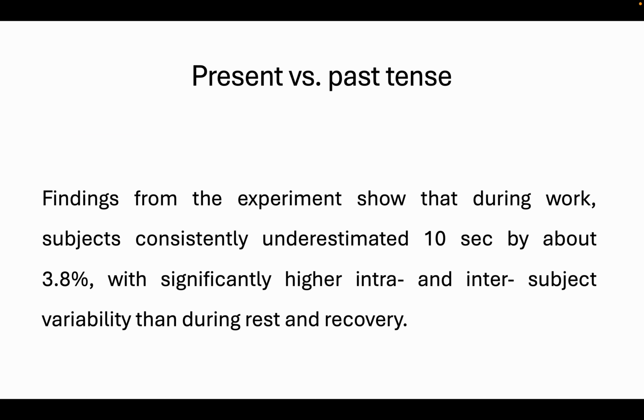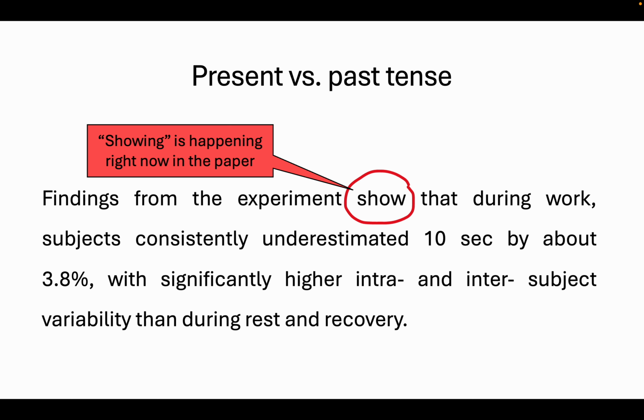So this is the example of how you can use the present tense and also the past tense in a sentence. Here, findings from the experiment show, because showing is happening right now in the paper, so we use the present tense.